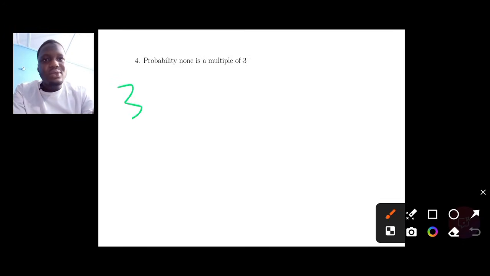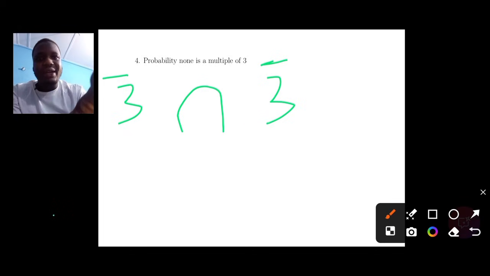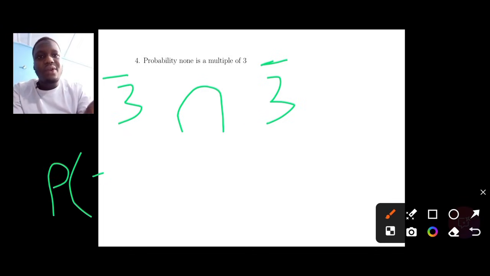So the first one is not a multiple of 3, and the second one is also not a multiple of 3. See how I'm stressing on the "and", changing to an intersection. First one is not, and second one is not.